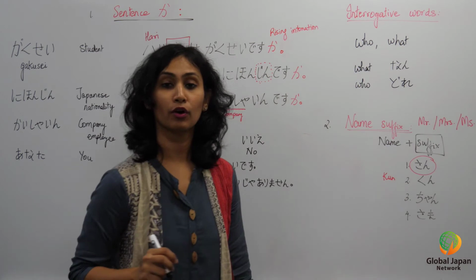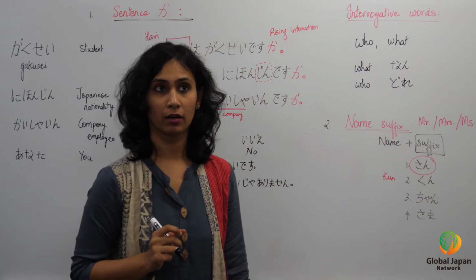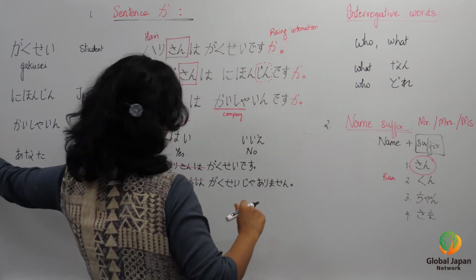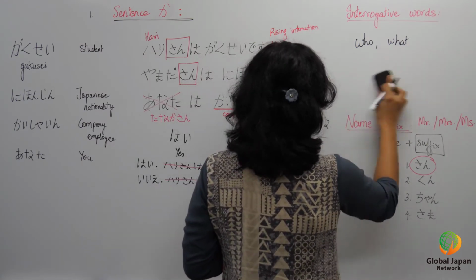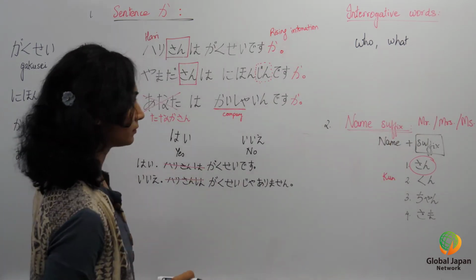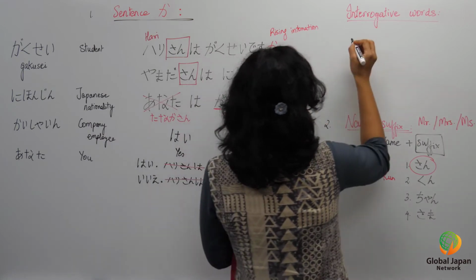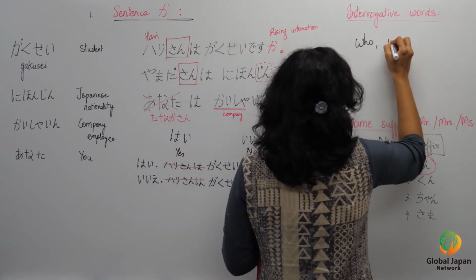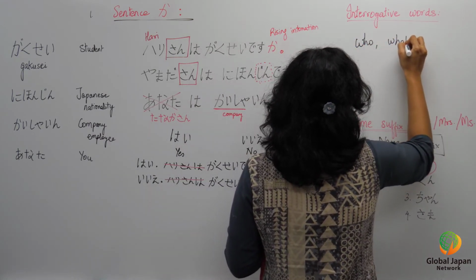Moving ahead into the discussion, interrogative words. By interrogative words I mean the English equivalent of what, when, who, where.